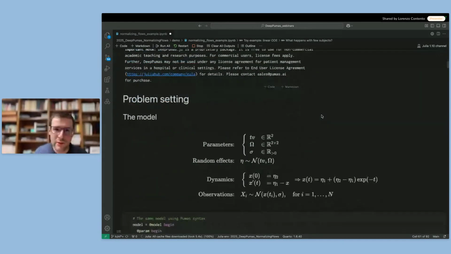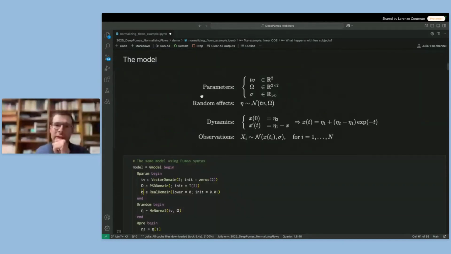Okay, so this is the toy example that we will use. It has only 3 parameters. The first 2 of them, typical value and covariance matrix omega, are going to be used to define the random effects distribution. And sigma instead is the noise for the observations. And the expected value of the observation is instead taken from the solution of a linear ODE.